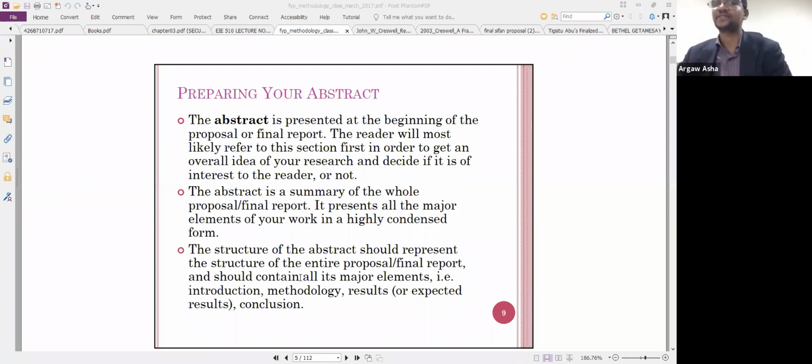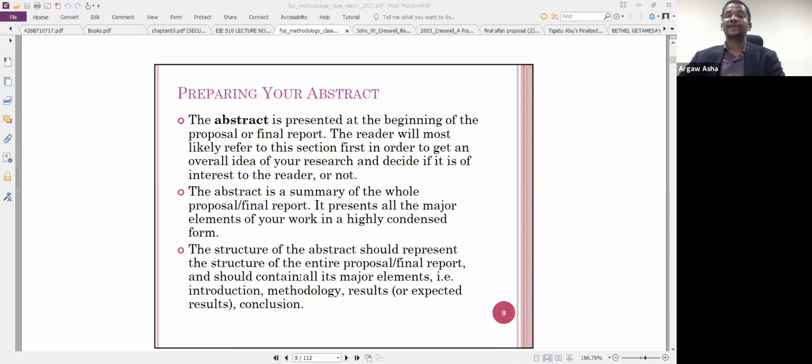The final paper also comes later, and in between the abstract develops through the results you are getting. So in short, the abstract is a summary of the whole proposal or the whole final paper.